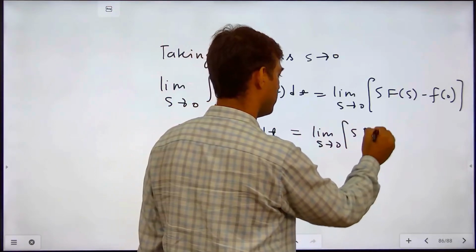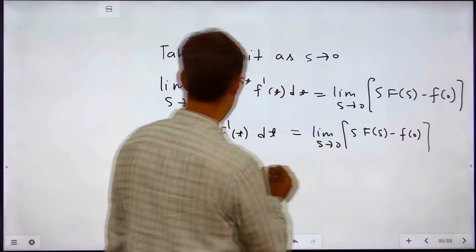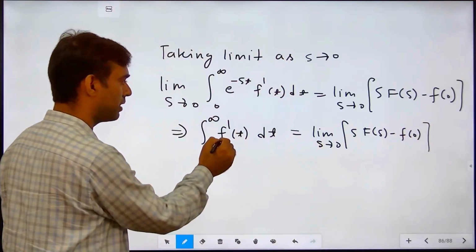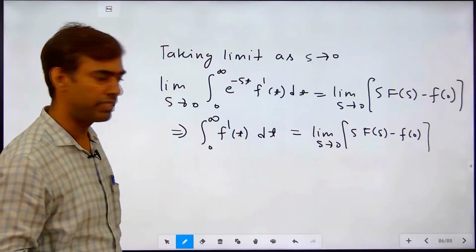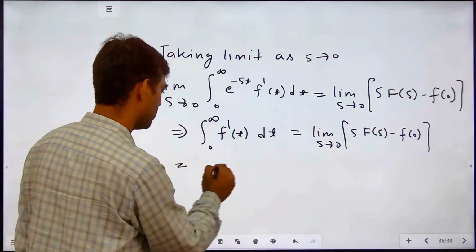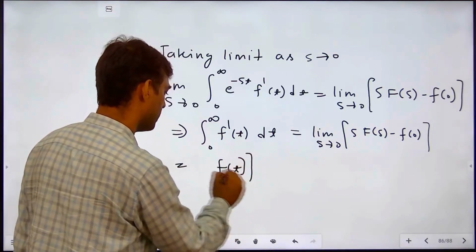Limit s tends to 0 of s F(s) minus f(0). So, if we find the integration of f dash t, obviously the integration of f dash t is f(t). What are the lower and upper limits?